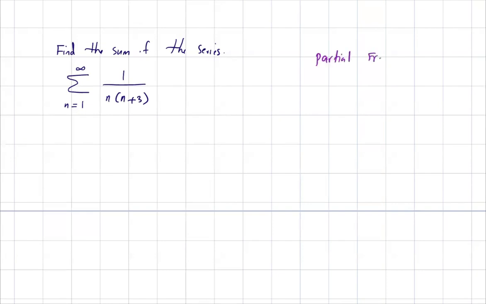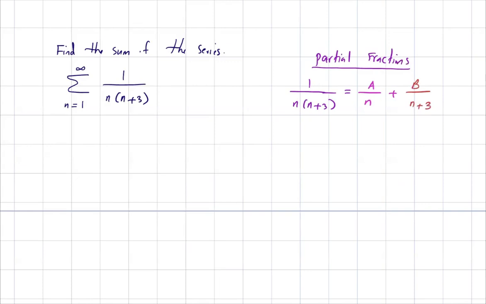Partial fractions to make sure we get a simpler version of the general term. 1 divided by n times n plus 3 can be written as a divided by n plus b over n plus 3.